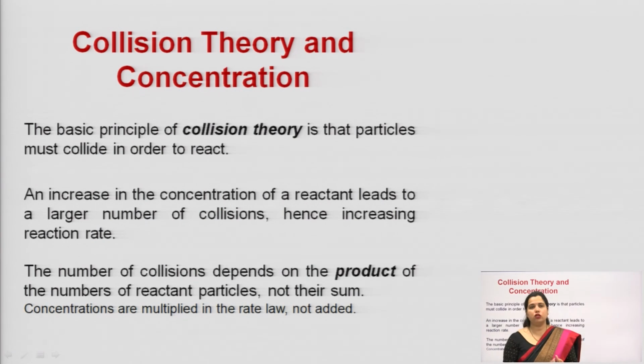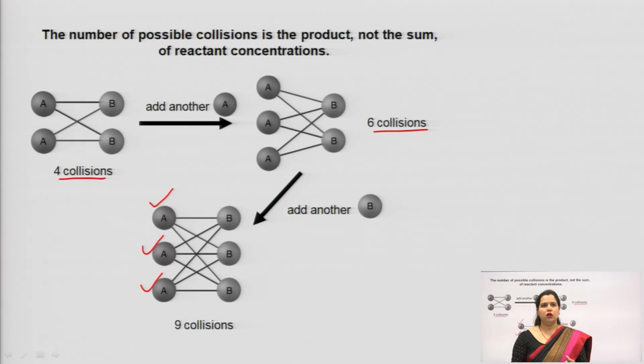After that, collision theory. Collision means the particles must collide in order to react. If they are not colliding, they are not going to produce the final product. Collision depends on the number of particles interacting with each other, not the sum.